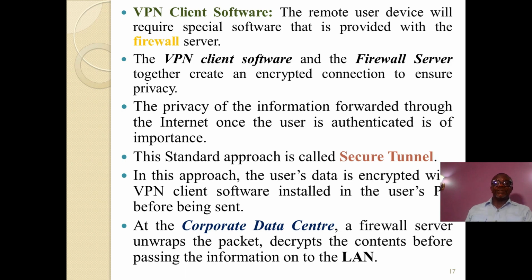In this approach, the user's data is encrypted with the VPN client software installed in the user's device before being sent. At the corporate data center, in that diagram, on the left-hand side of it, where we see the corporate LAN, a firewall server unwraps the packet, decrypts the content before passing the information onto the LAN.